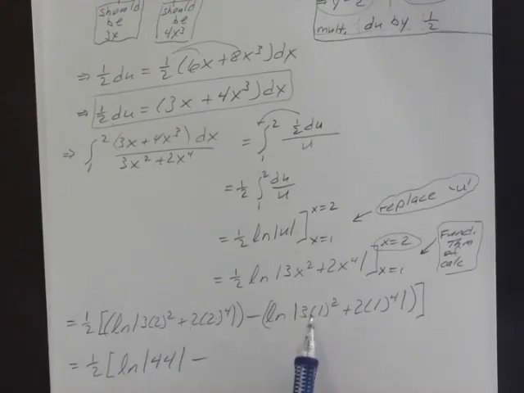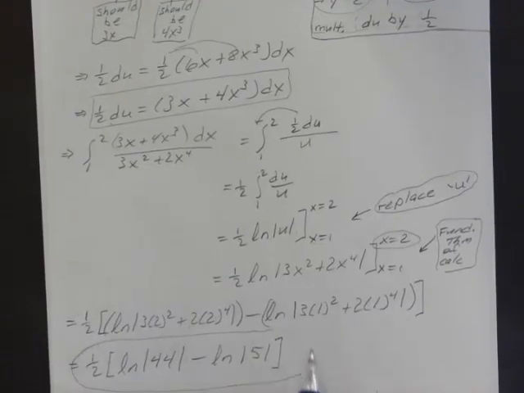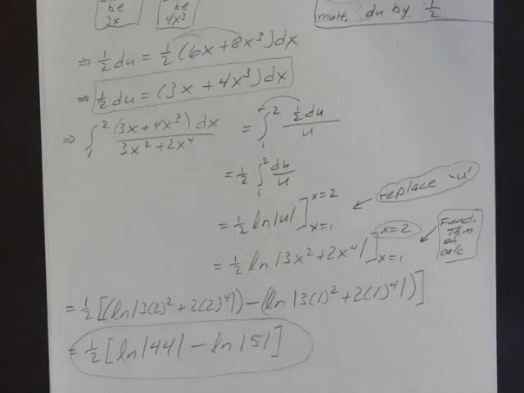Minus the natural log of 3 times 1 is 3 plus 2 times 1 is 2, so minus the natural log of 5. And we don't really need absolute values for 5 and 44 because they are positive, but again, I always do that strictly out of habit.